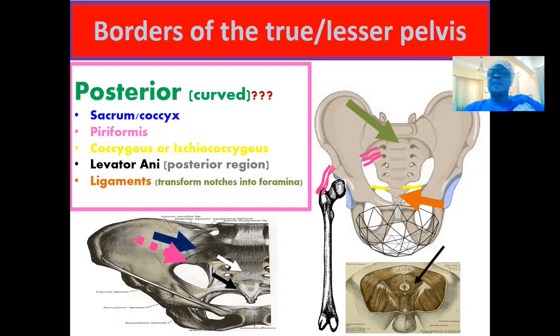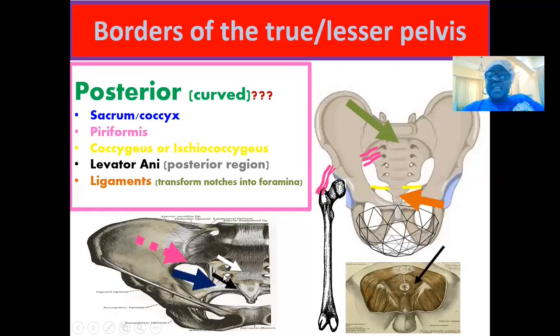Then you also have the sacrospinous ligament, and this is what is arrowed here in blue. The sacrospinous ligament, just from breaking down the name, as we've always said, is the ligament that connects the spine of the ischium to the sacrum. And as it runs to and fro between these two subunits, you see it forming alignment with the posterior border of the true pelvis.